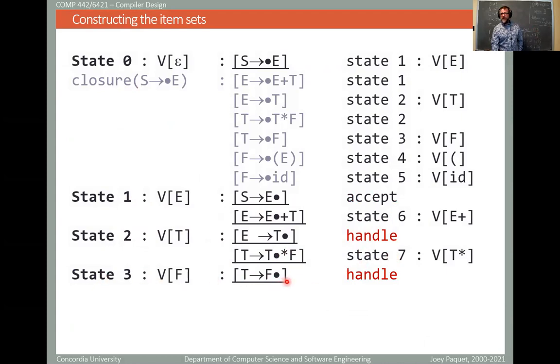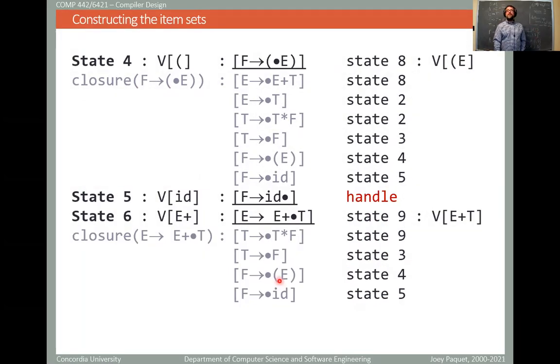State 3, there's no item that has a terminal symbol after the dot. State 4, open parenthesis, shift 4, and ID, shift 5.